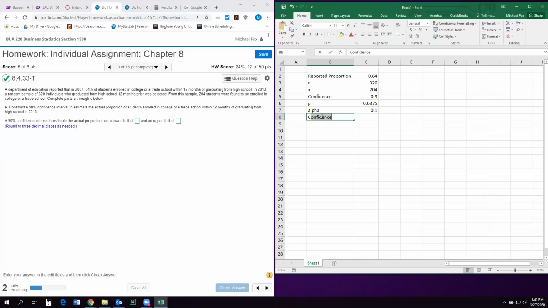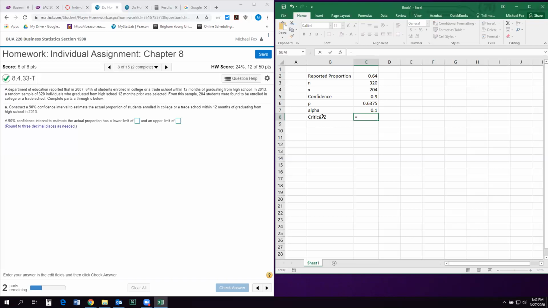Then my critical z. There are lots of ways to do it. Really, the critical z is the z-score of alpha divided by 2. Because Excel always shows everything to the left, it's going to show a negative z-score.